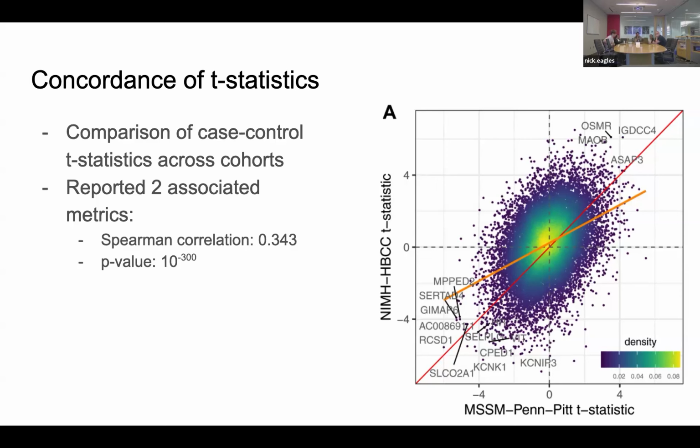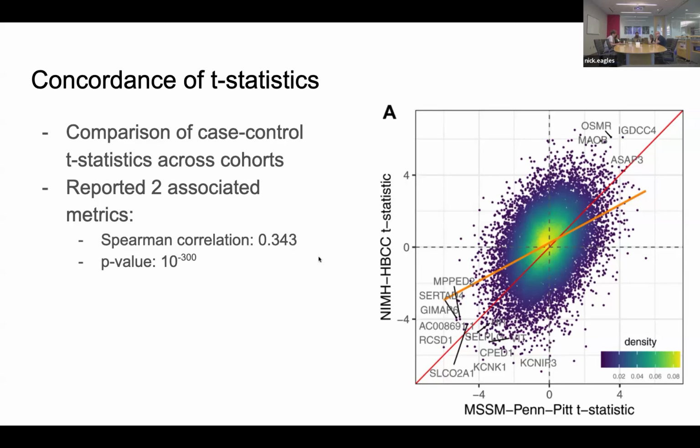They do report top genes, but they're not using hard cutoffs. Of course you see the top right and the bottom left corners are where the magnitude of the t-statistic is high in both data sets, but they're not drawing a vertical or horizontal line, which would indicate that you're using a hard cutoff on one of the data sets.